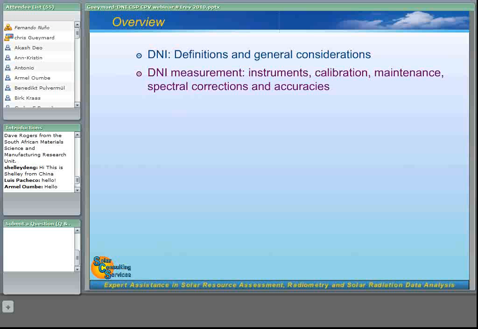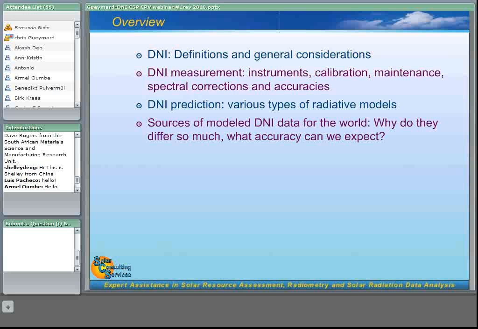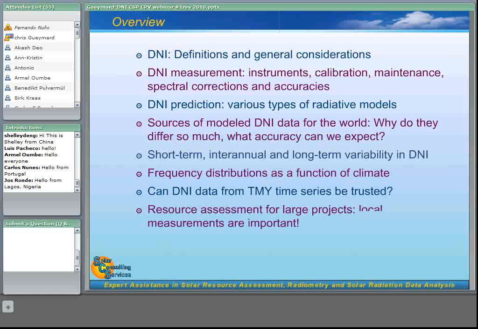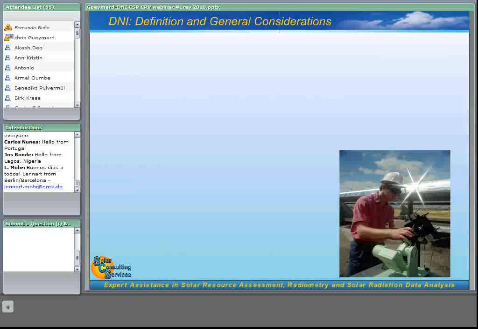Measurements: how can we predict solar radiation and DNI in particular, model data for the world, variability in the solar resource, which is very important, frequency distributions as a function of climate, and can we trust TMY time series, TMY being the typical meteorological years. And finally, can we do local measurements for large projects, and should they be done, and for how long?